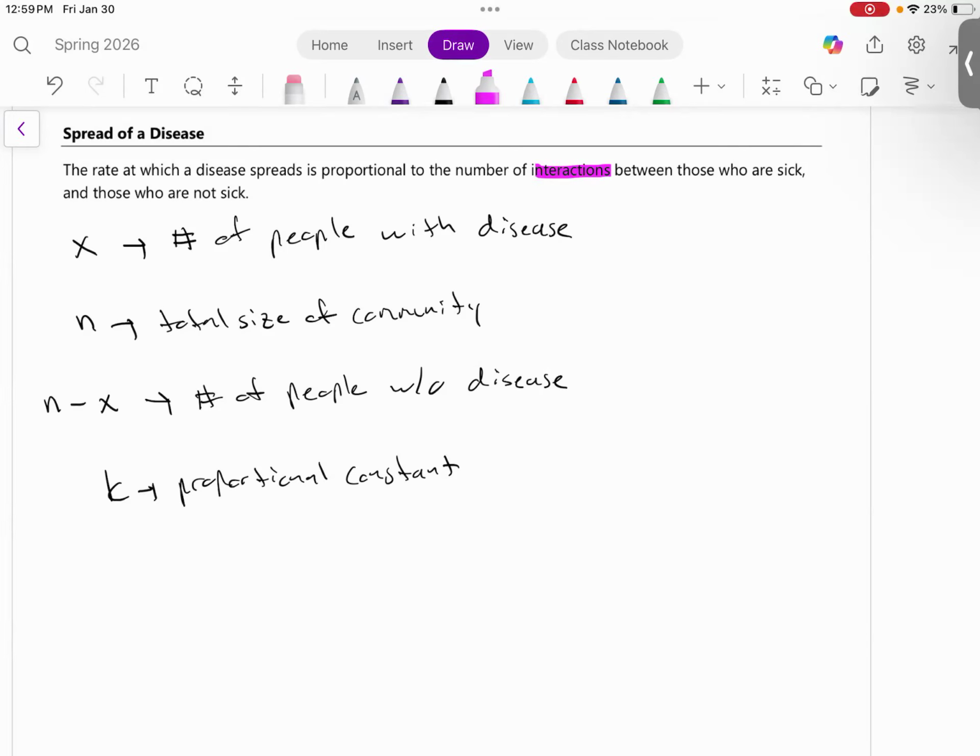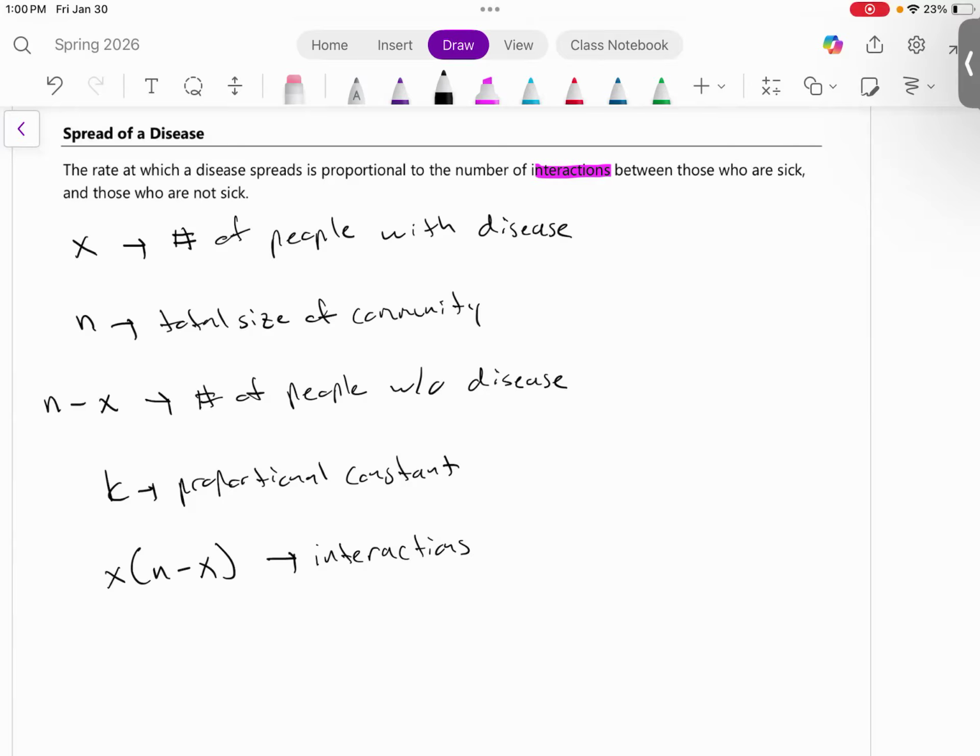Based on the variables we have, x times N minus x is the interactions occurring. So the number of people with the disease times the number of people in the community minus the people with the disease. It's really just x times the people who don't have the disease.